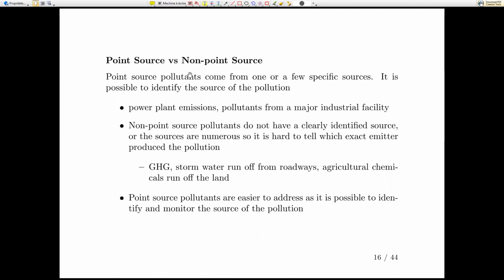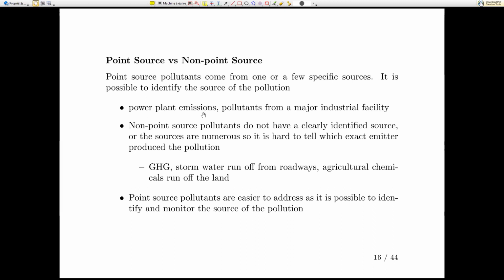Especially for non-point source, you really need large scale economic approaches, by which I mean legislative interventions like taxes, like tradable emission permits that involve everybody in one country and even in many countries. Otherwise, you just can't do anything with them.